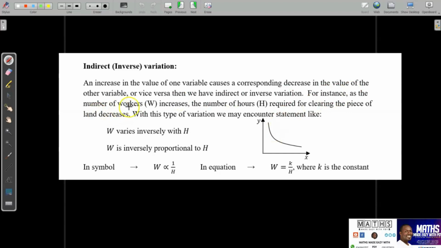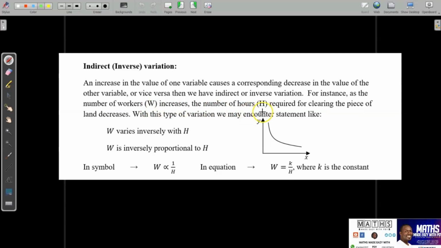For instance, as the number of workers increases, the number of hours required for clearing a piece of land decreases. I don't know if you've experienced that one as well. So in school, when you have a piece of work and they want you to finish it in time, they would like to increase your numbers so that the time you use should reduce.